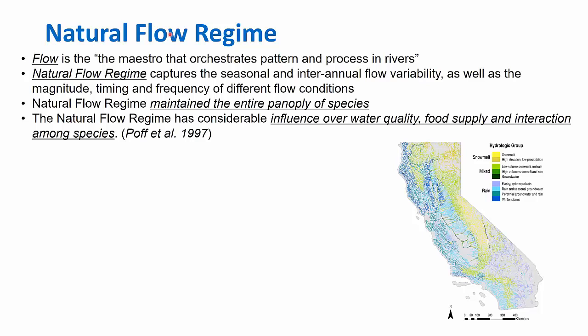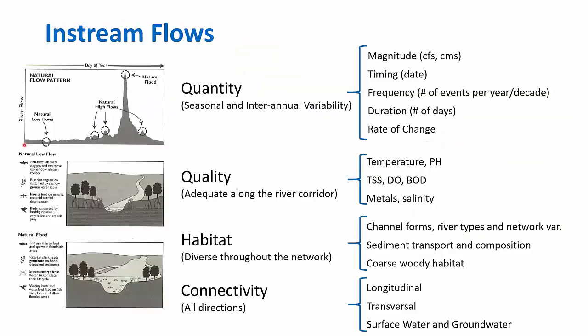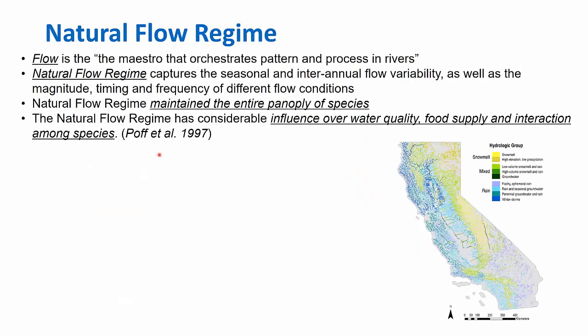The natural flow regime, the flow regime that occurs in rivers without any human alterations, captures that seasonal and interannual flow variability. So it captures this variation within a year and throughout different years.